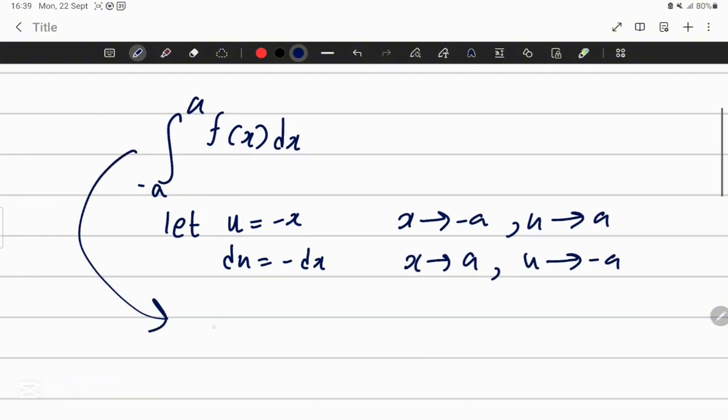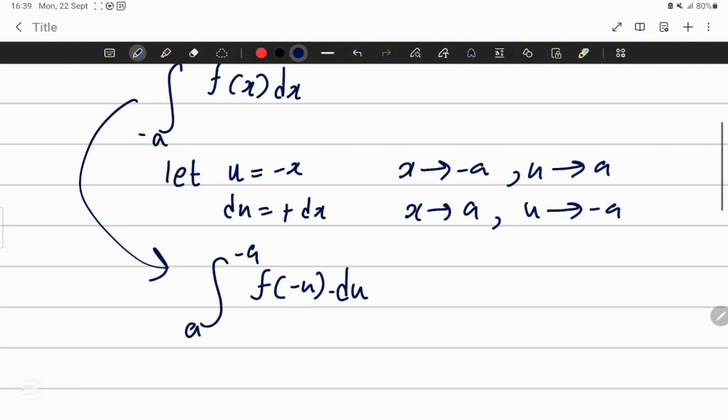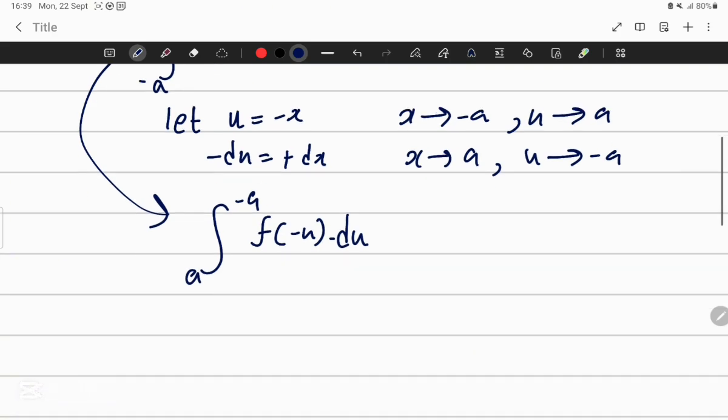So I can write this integral as the integral from a to -a of f(-u) times (-du), right? When I multiply both sides by minus, I get this integral. Okay, so this is the integral from -a to a of f(-u) du.